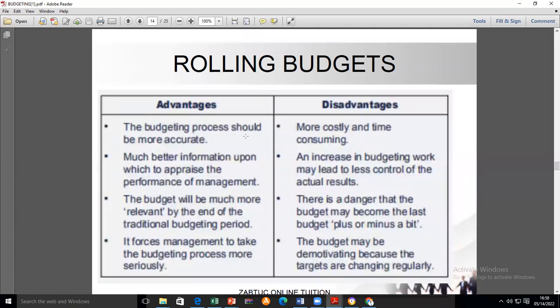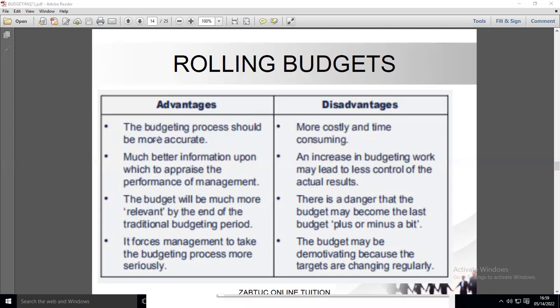What are the advantages of rolling a budget every quarter? Sitting down to do a review every quarter, adding a period, knocking off a period. Number one, this constant review helps us to come up with accurate budgets.